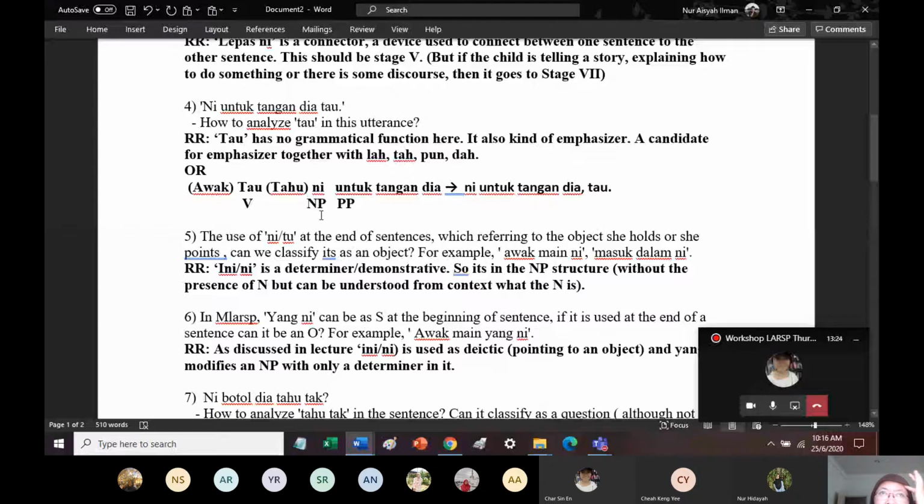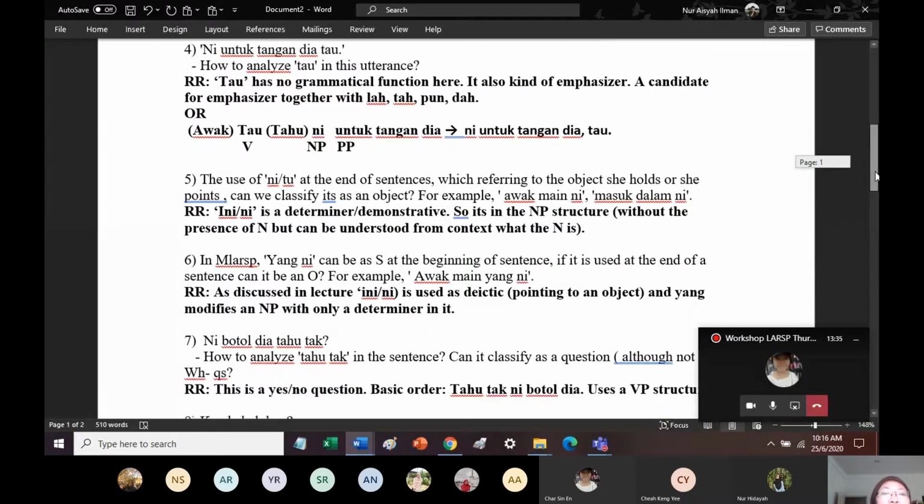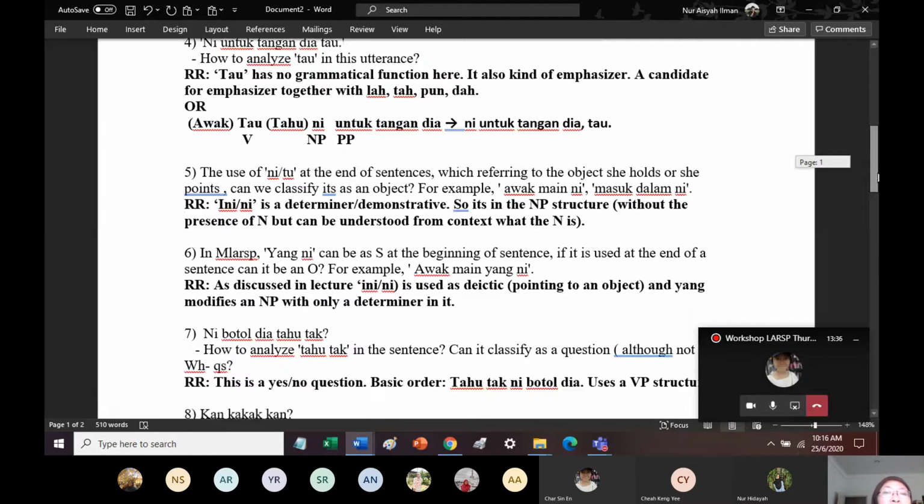"Jangan ambil barang dia tau." That tahu is like an emphasizer. So sebenarnya the analysis ni can be this and that, tapi you must know how to describe lah. Or if you do it that way, then if it comes up again in the language sample, then you have to do the same. You have to be consistent.